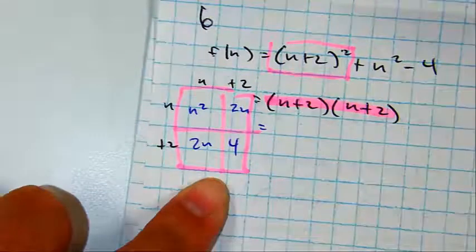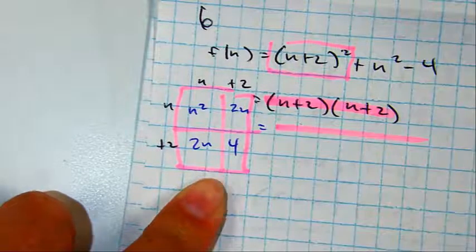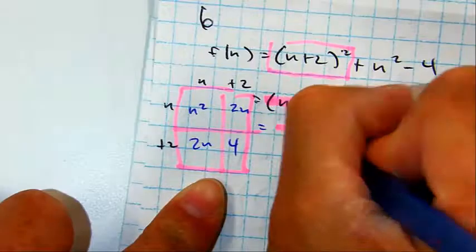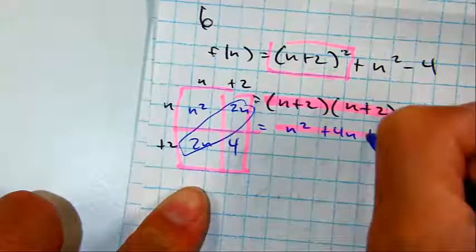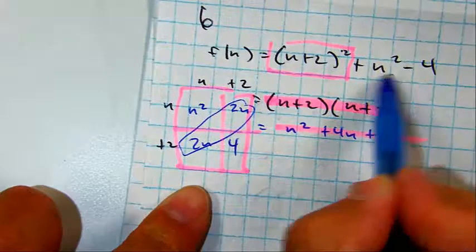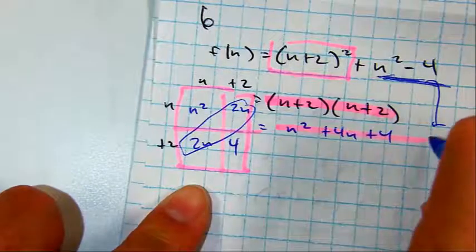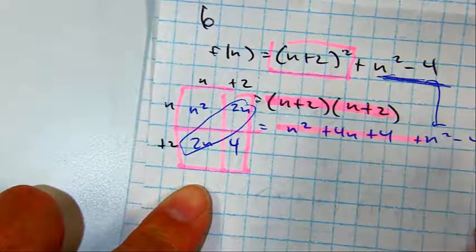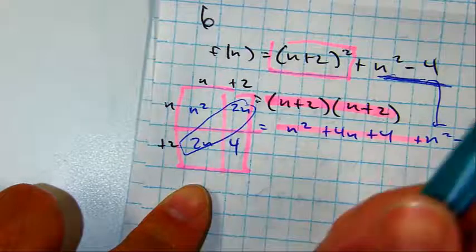So if you combine like terms there, what do you get? N squared plus 4n plus 4. Now don't forget these over here. So I get n squared minus 4. I'm just going to combine like terms here.